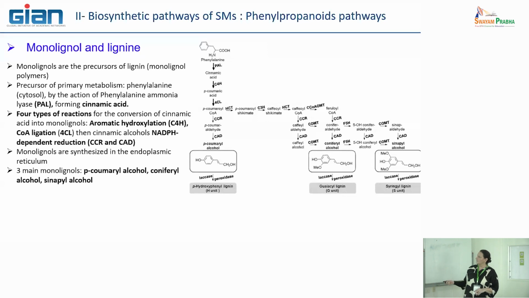And all of these three molecules can be converted via some oxidation by peroxidase or laccase. Laccases are copper oxidases. Do you remember? I presented them in the first lecture. And they are very important because they completely finalize the formation of these monolignols and also their assembly to produce lignin.